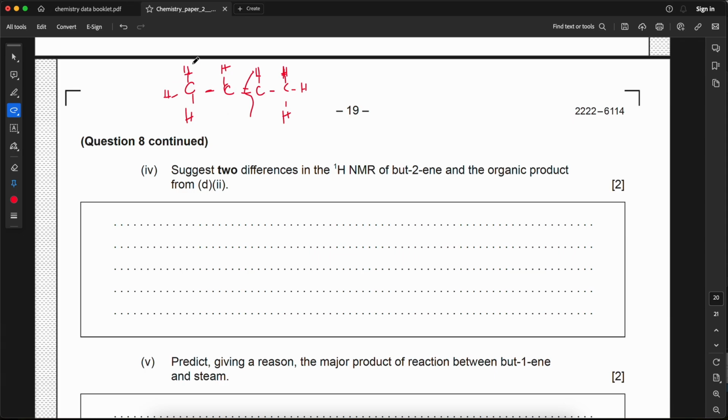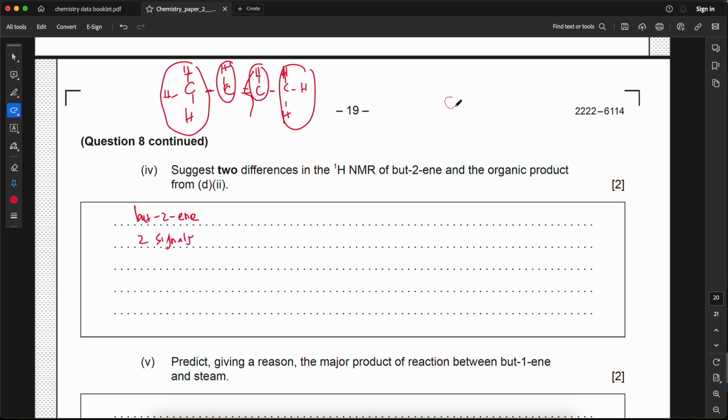Symmetrical. So this CH3 and this CH3, the H on this CH3 will be the same, and these ones will be the same as well because it's symmetrical. So butene will have two environments only.